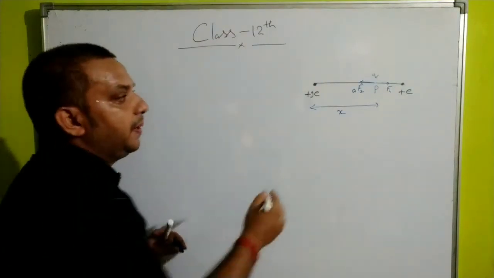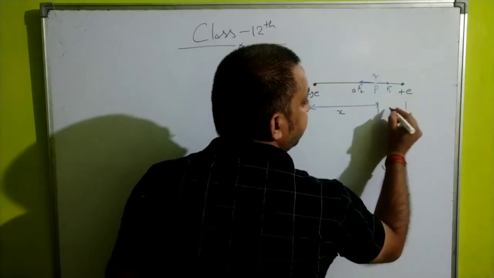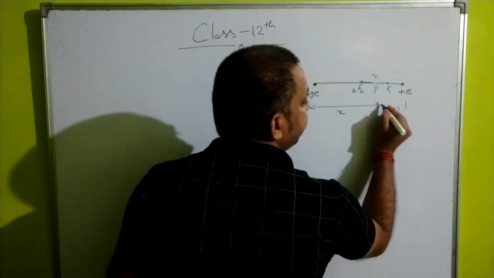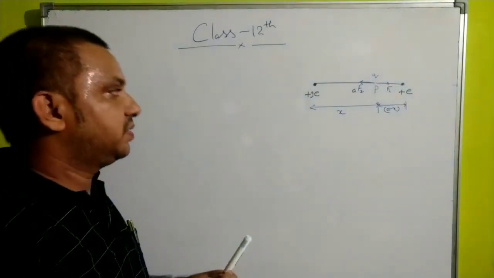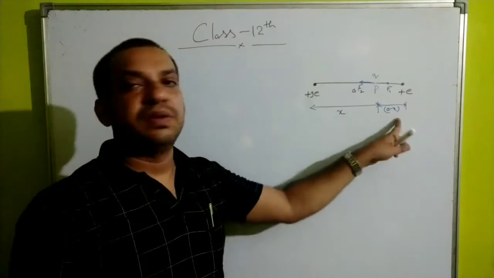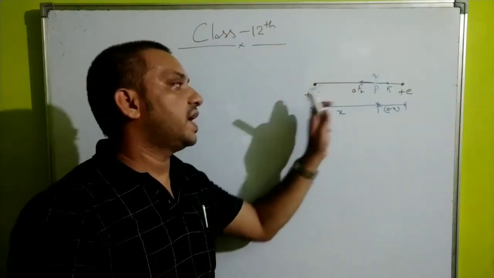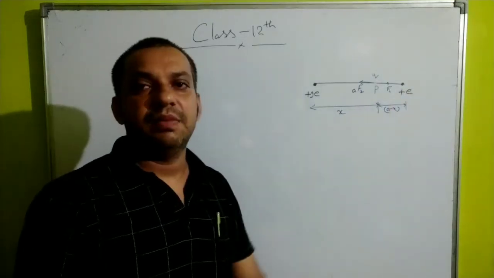Here I am assuming, and from point P to this plus e, the separation is a minus x. Because the total separation is a, if this one is x, then this one will be a minus x. It is given in the question that the total separation between plus 9e and plus e is a, that is why this one is x and this one is a minus x.